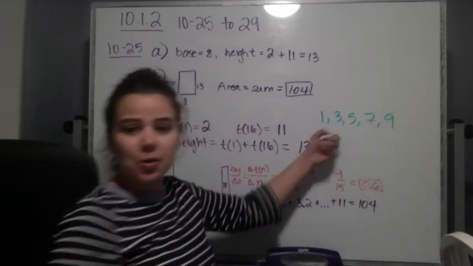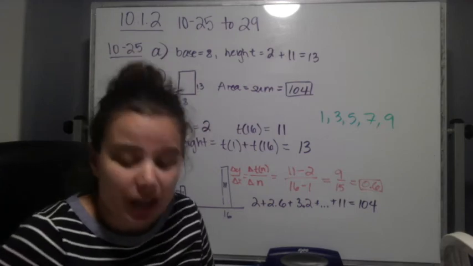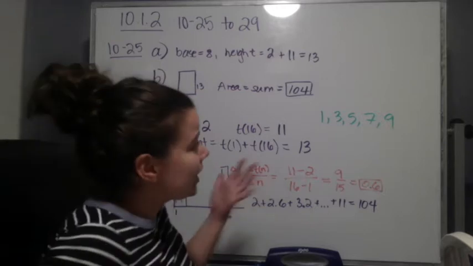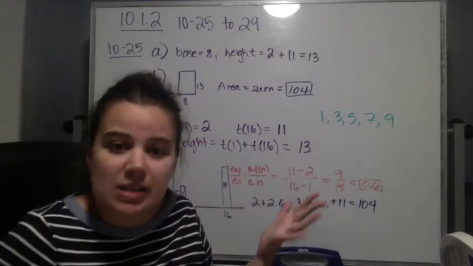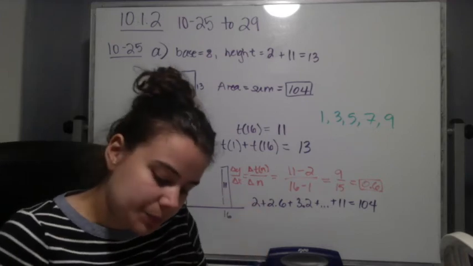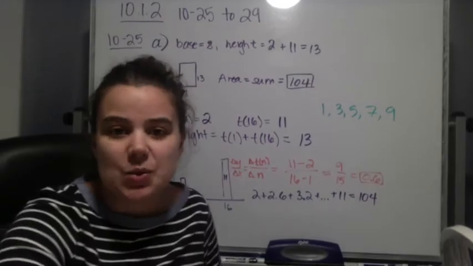So you can use that one, or make up your own, whatever you want to do. We're going to be trying to generalize this if there's an odd number of terms in the sequence. Okay, so give it a shot. 10-26, 10-27.